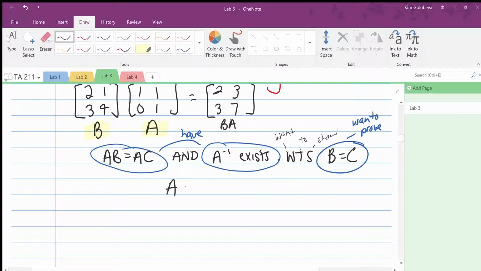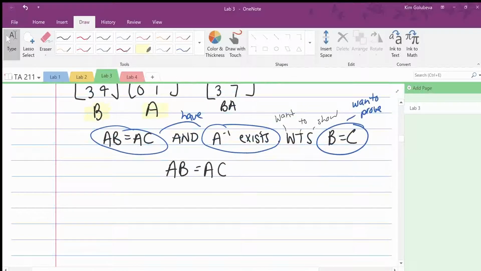We have AB equals AC, and we want to eventually show that B equals C. So what do we need to do to this in order to get B equaling C?